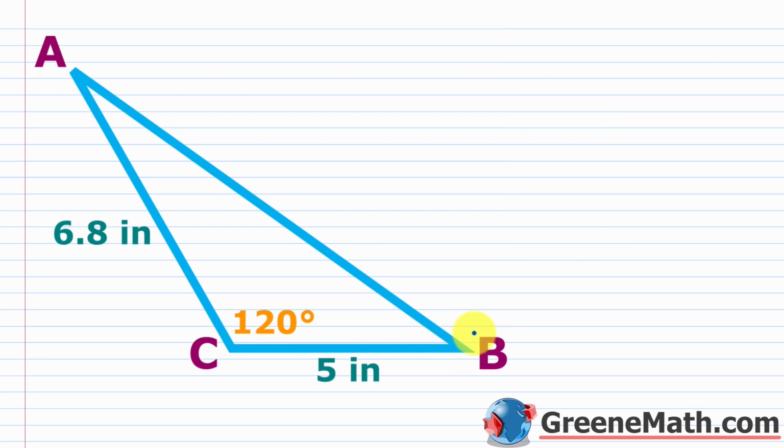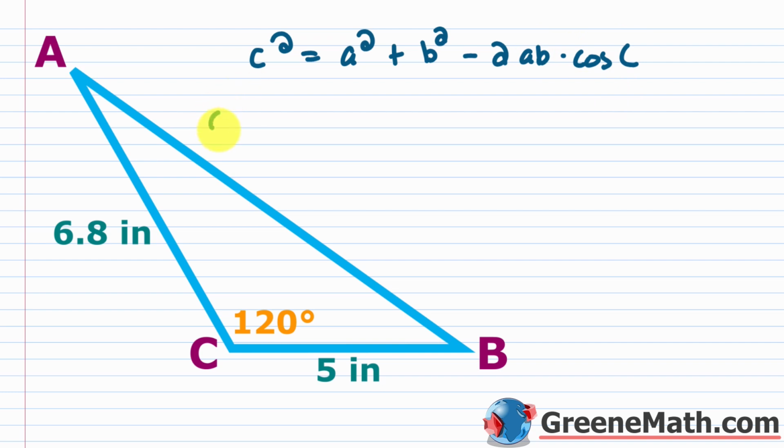So let's just go ahead and say that C squared is equal to A squared plus B squared minus 2AB times the cosine of your angle C. So what I'm going to do is say that C is equal to the square root of this stuff right here. So I'm just going to go ahead and plug in for A. That's going to be 5. Forget about the units, so 5 squared.